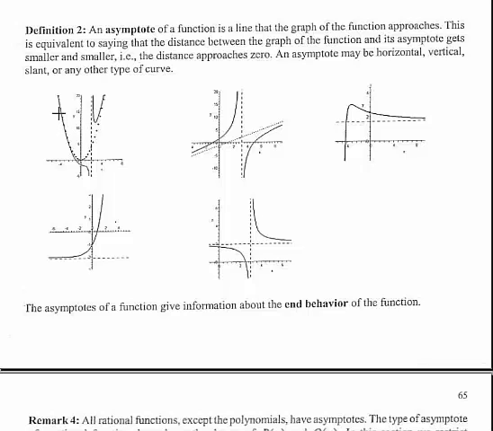But if you look at these graphs below, here we have what looks like a parabolic asymptote. Here, this is definitely not completely horizontal or vertical. So this is a vertical asymptote, this dashed line that runs from top to bottom. But this asymptote is a slant.